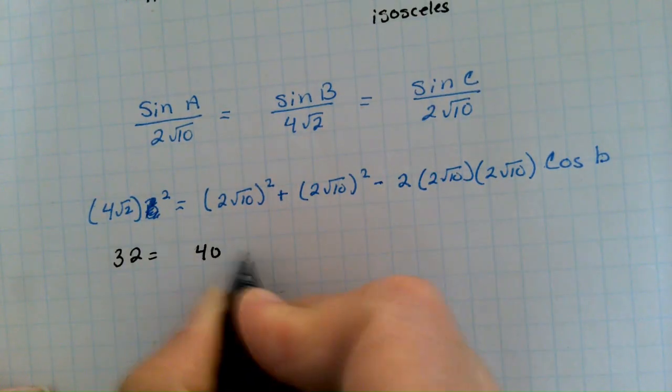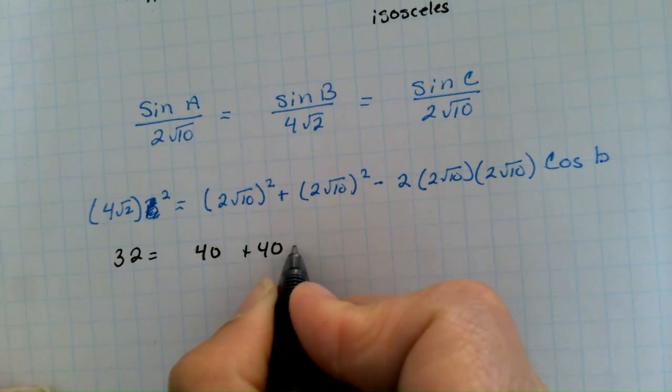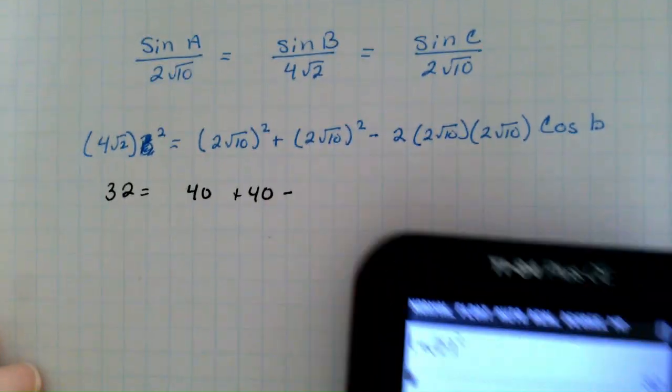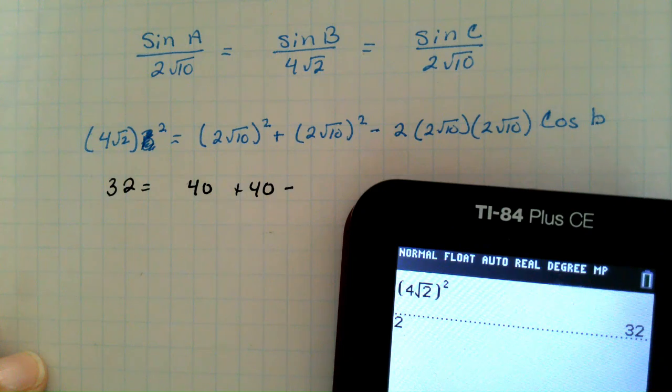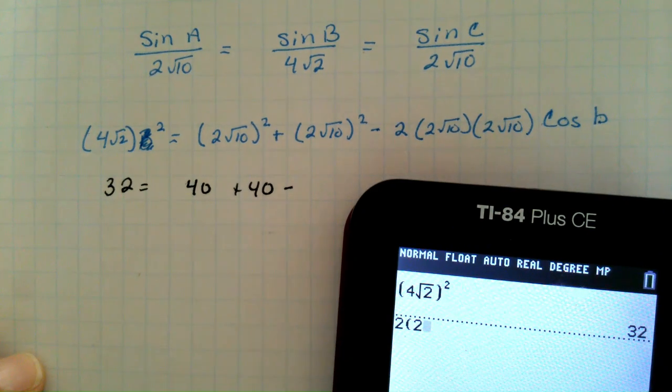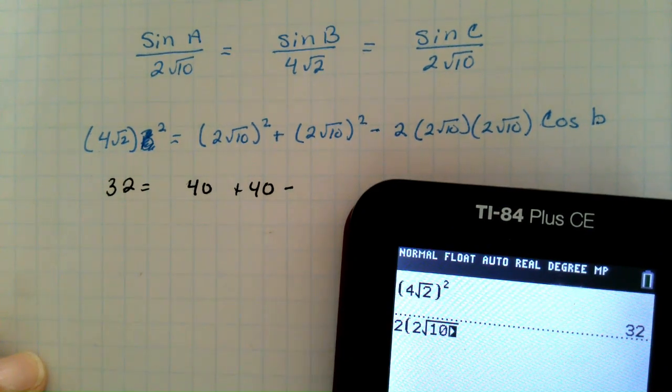So 40 plus 40 minus 2 parenthesis 2 root 10, 2 root 10, 80.